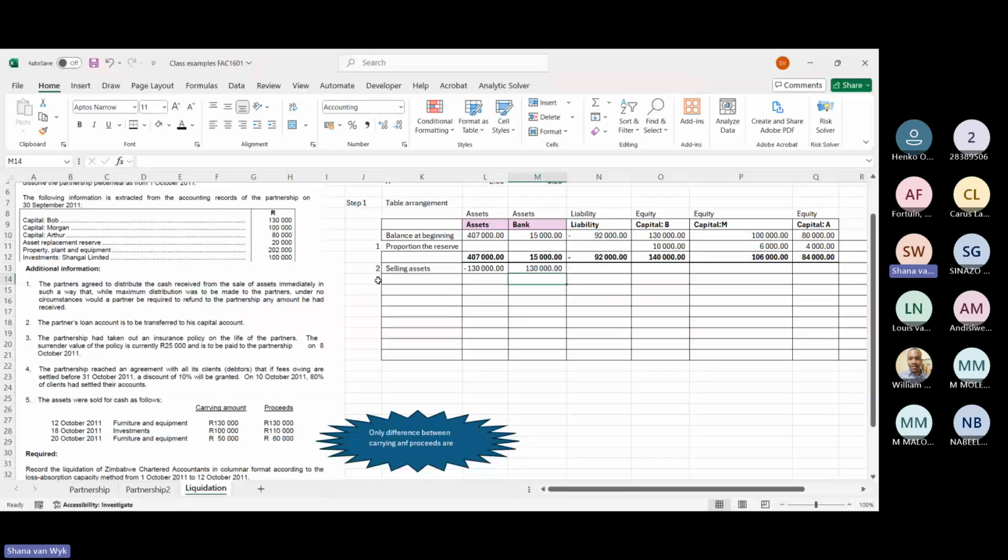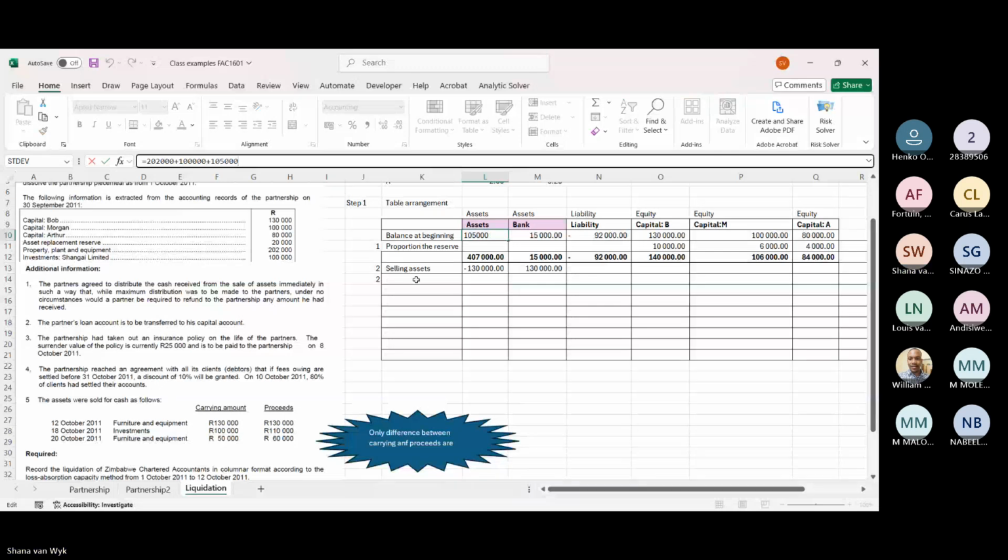Okay, you're done with 2, all your assets, Shana? Yes, done. They only asked from the 1st to the 12th of October, so it was only the first line. But isn't it trade debtors still? Isn't that an asset? It is an asset, but it was included in here.